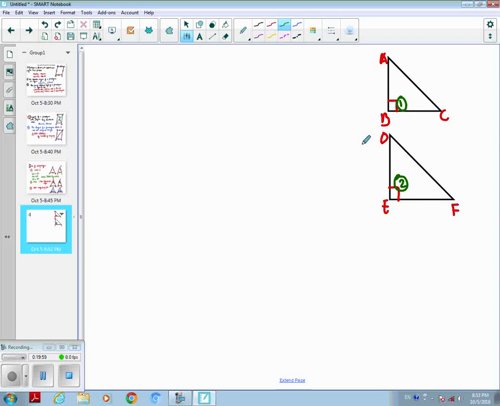Then second thing, hypotenuse, this AC is hypotenuse, this is equal to DF, then any one side, like AB and DE, they are equal, or we can take BC equal to EF. Then the two triangles are congruent by which rule?